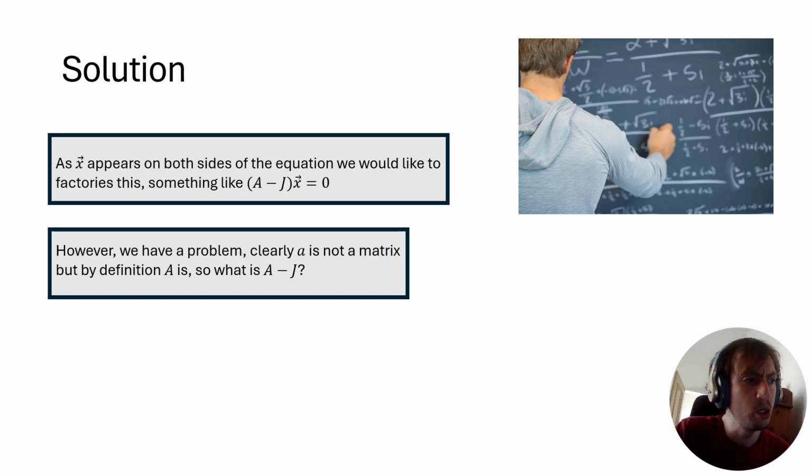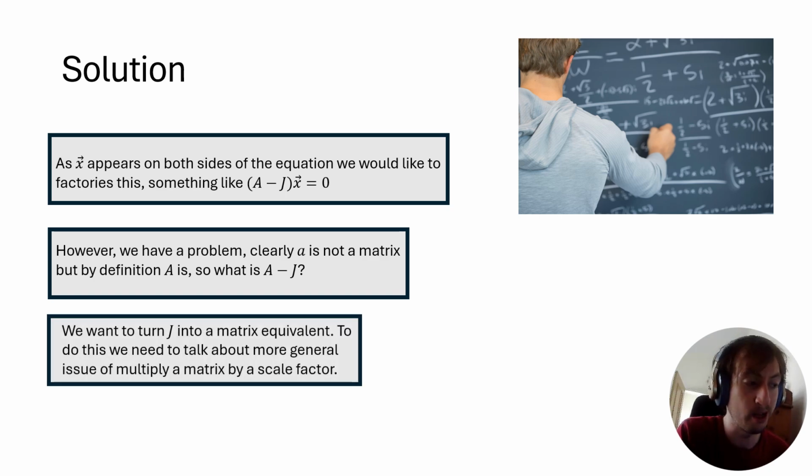So what does A minus j mean? What do we get when we take away a number from a matrix? It's really not very well defined, and so we have to in some way get around this problem, and we actually do this through use of the identity matrix, as we'll look at in a bit.